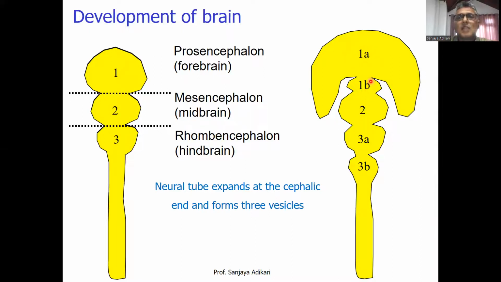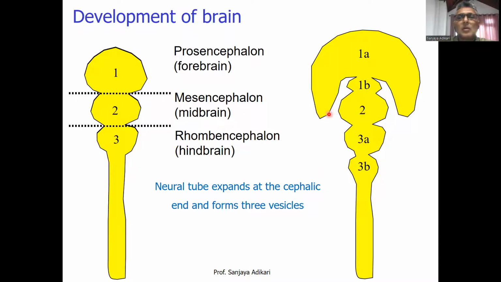I have labeled them as 1A and 1B. These are not standard labeling, so there's nothing like 1A, 1B in textbooks. It's only in my lecture. But just remember that the forebrain vesicle divides into two parts: an anterior, cephalic part, and a caudal part.